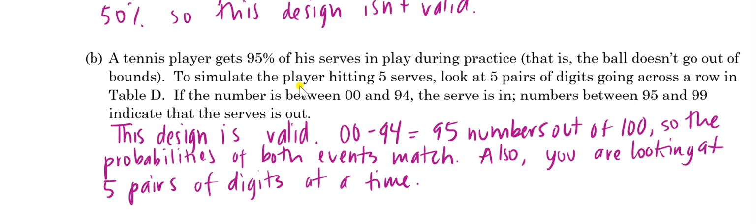They didn't say out of 10 serves, he missed one of them or whatever. They just gave you a percentage. So in this case, it would not be appropriate to skip repeats, and they didn't say skip repeats. They left that out, which they should. So in this case, the design looks pretty good. This is perfectly valid.